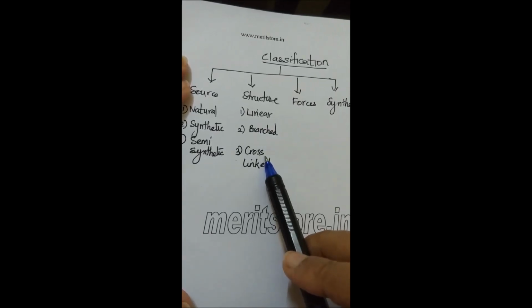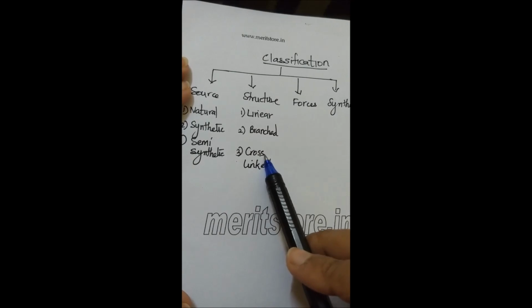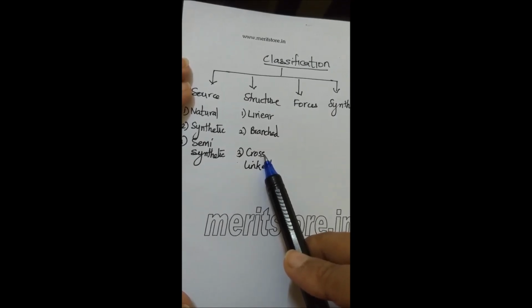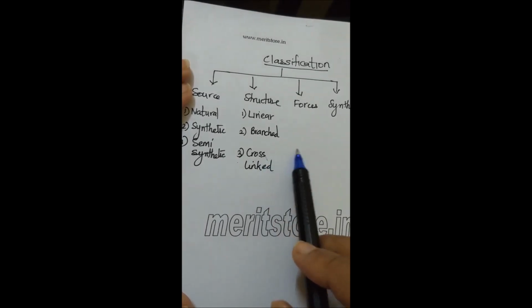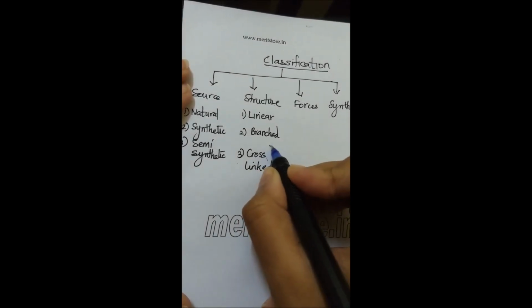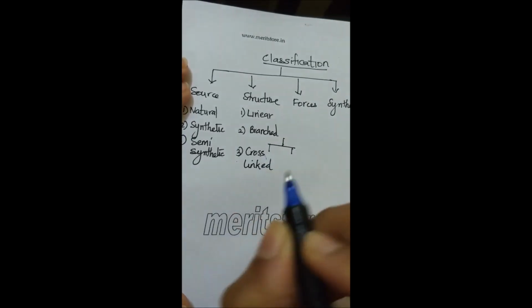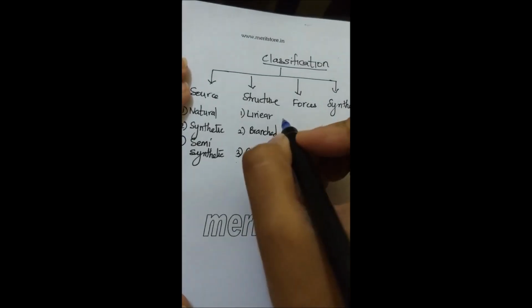Branched chain polymers are those in which the monomers are joined to form long chains or branches of different lengths. So we have a linear chain, but then we also have branches. And so this is called a branched polymer.